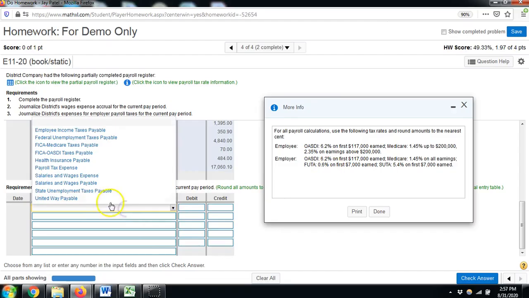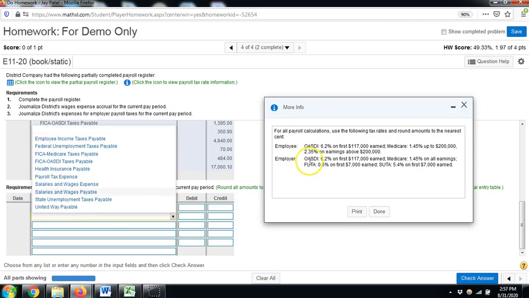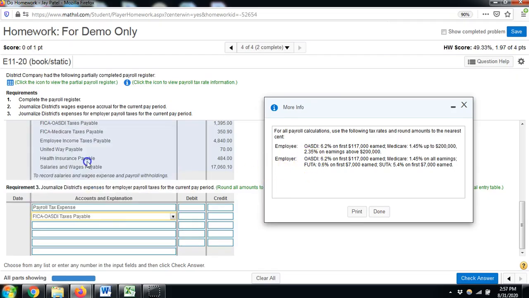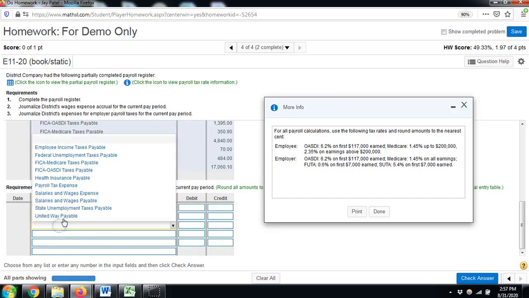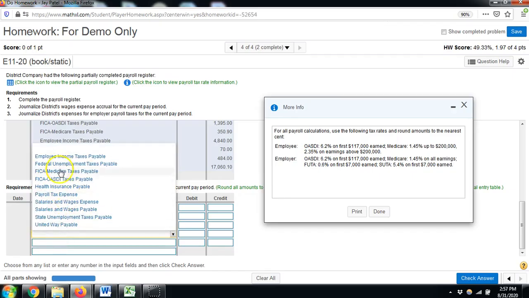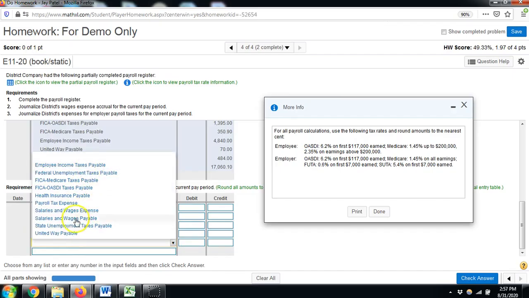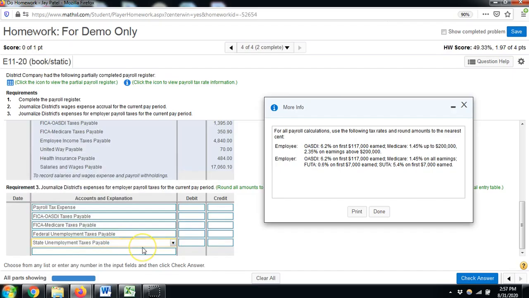So the accounts are, I know I'm going to have payroll tax expense. That's going to be what we're calculating here. And there's going to be OASDI. There's going to be Medicare. There's going to be the federal unemployment tax. There's going to be state unemployment tax. And that should be it.